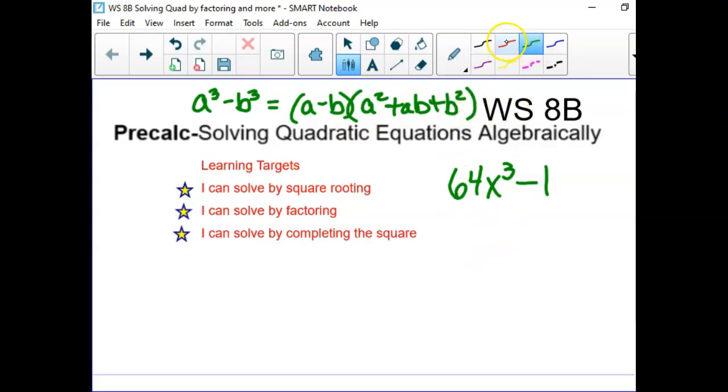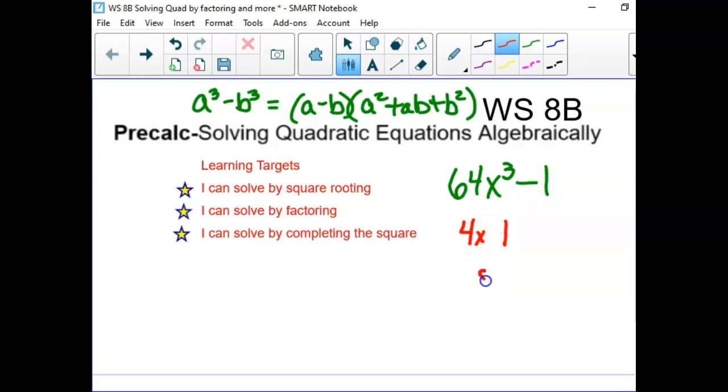I just promised you I'd try to do one of these every day till we got good at it. Does anybody know what the cube root of 64 is? It is 4. And the cube root of x cubed would be x. The cube root of 1 is 1.